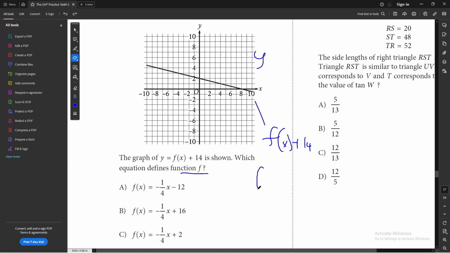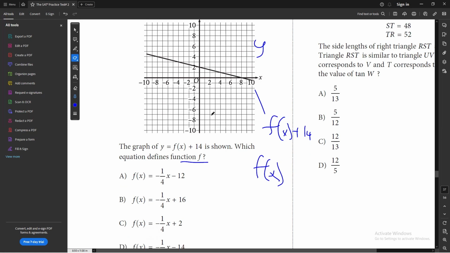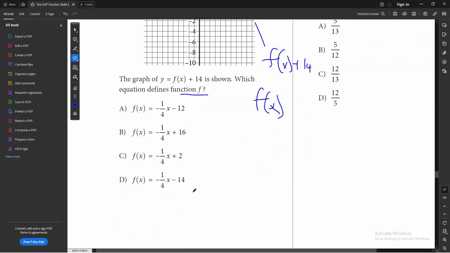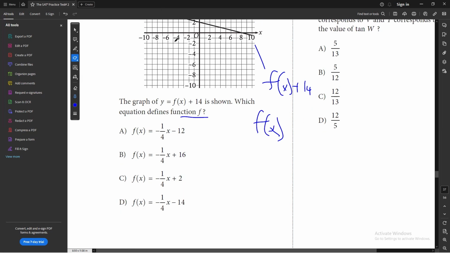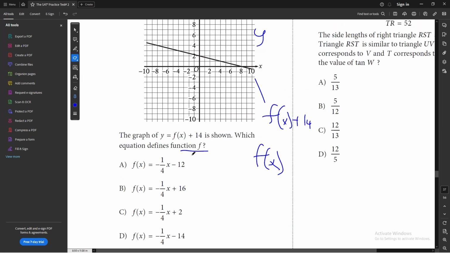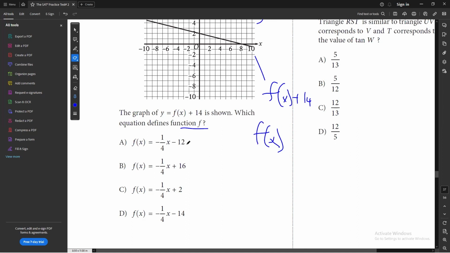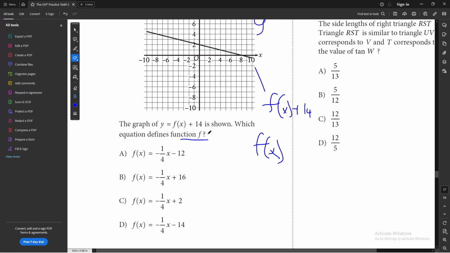So what is f of x? Basically, subtract 14 from this graph, or add 14 to every answer choice to make sure you're doing things right. I don't want to just draw another graph and subtract 14 from this, so I just want to add 14 to the answer choices and check which one is right.